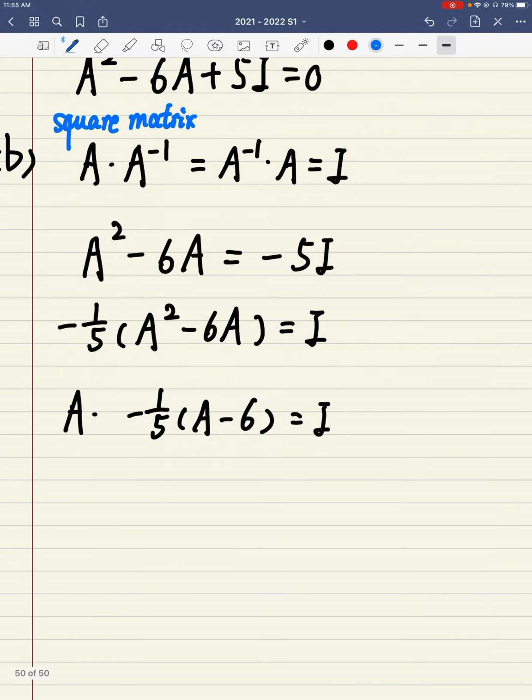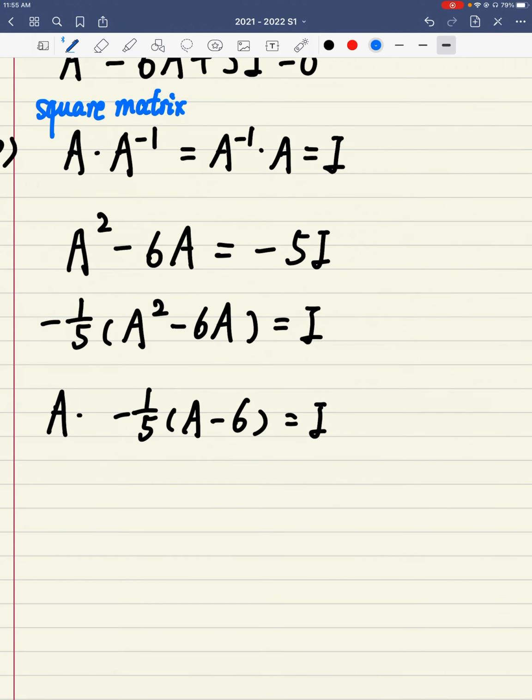Here's a very clever idea. Any matrix is equal to the matrix times I, where I is the identity matrix. So instead of writing 6A, we can write it as 6AI.